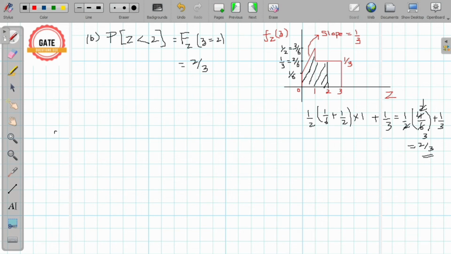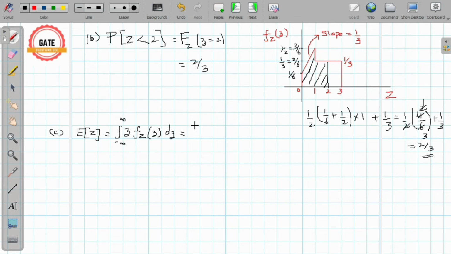So next part is part C. In this we will have to find the expectation of Z. So that will be equal to integration from minus infinity to plus infinity, sample value small z, times the PDF of z, d of small z.